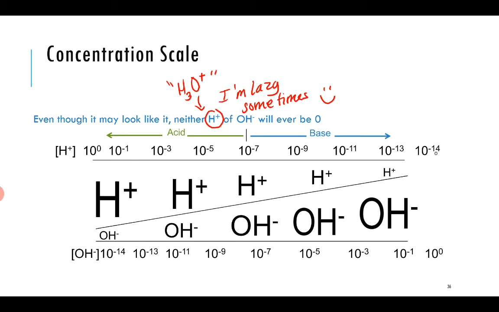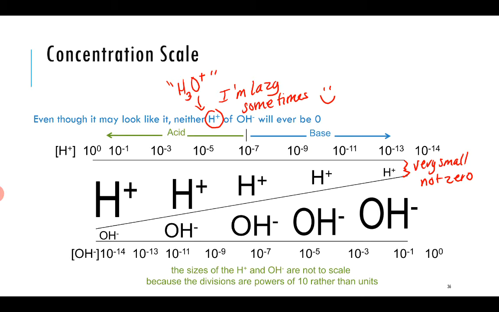And similarly, in a highly basic solution, the amount of hydronium ion is very small, but it's not zero. And so these are not to scale. Notice how those are like 10 to the minus whatever powers.